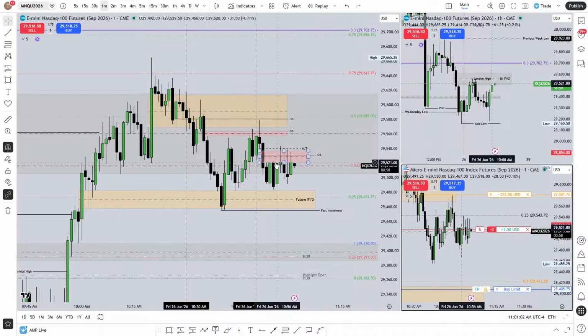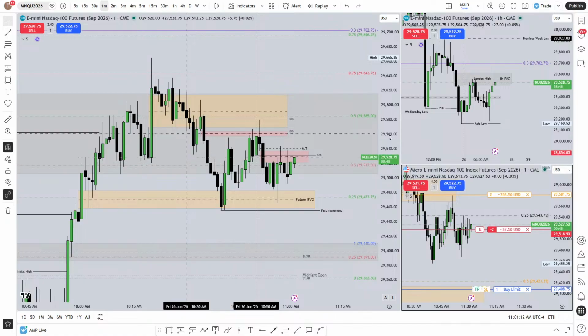All of these candles are holding the bottom of the SIBI. Just in a little bit of time distortion right now.